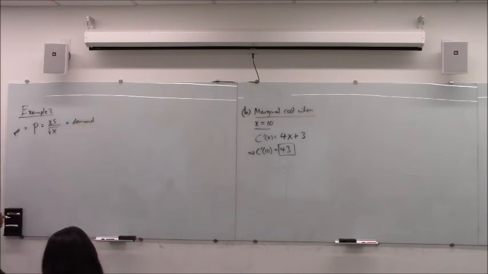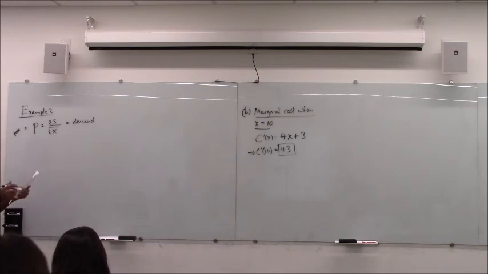This basically tells me the price at which people are willing to buy items. x is the number of items that I can sell. So to sell one item, I should set the price to be $25, right? If I want to sell 100 items, I should set the price to be $2.50. This is the function that's going to tell me how to set my price so that I sell the amount of items I'm willing to produce. Okay, so that's the demand function.